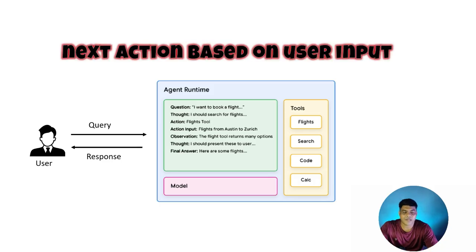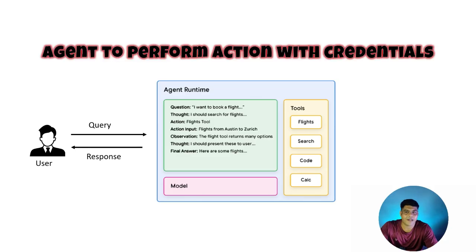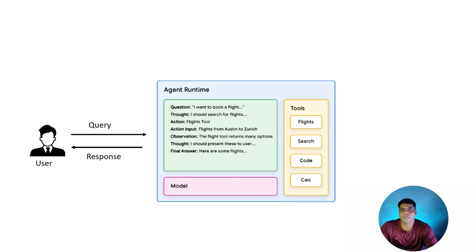And then the user can just say, please go ahead and book a flight on this date and this time, and it will go ahead and act on it. So this is an example of how an agent can reason based on the query from the user and also take an action and respond back to the user.